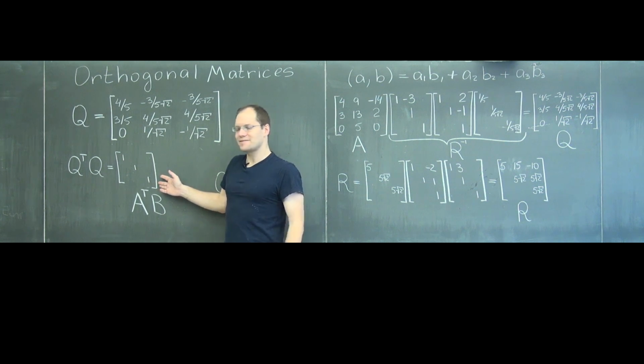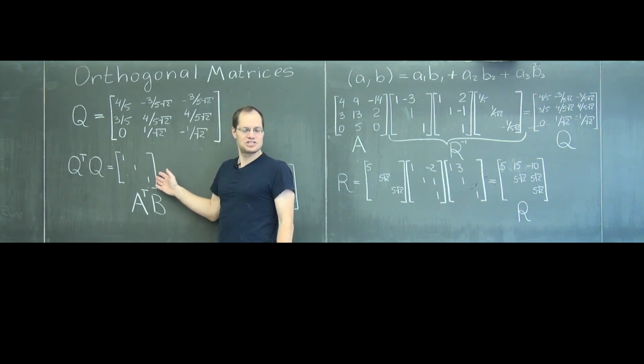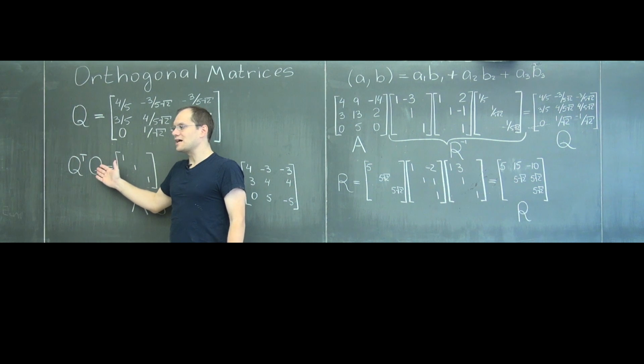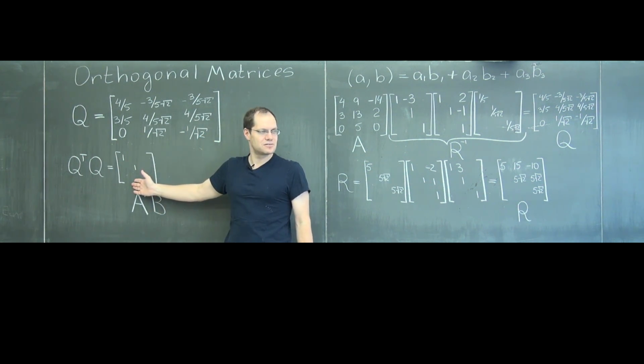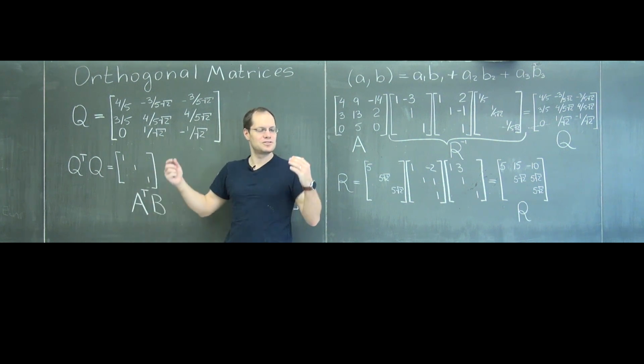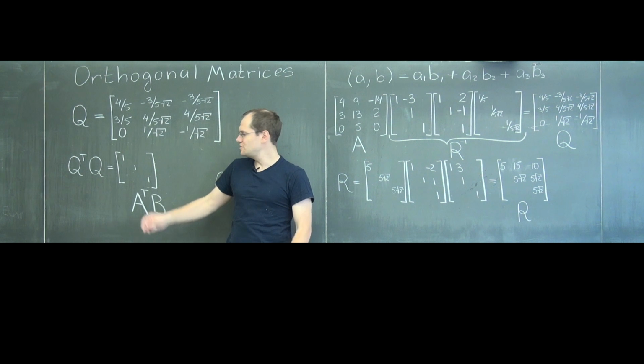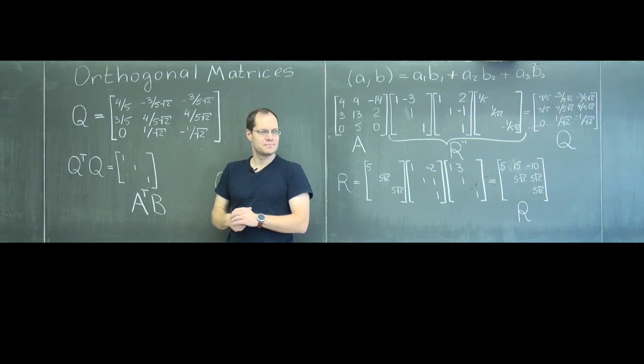I'll bet you've never done it. If you go on Wikipedia and look up orthogonal matrix, it'll have this as the definition, much more compact. Any matrix such that the transpose times the matrix equals the identity matrix is called orthogonal. It's absolutely equivalent to stating that its columns are orthonormal. So not at all surprising.